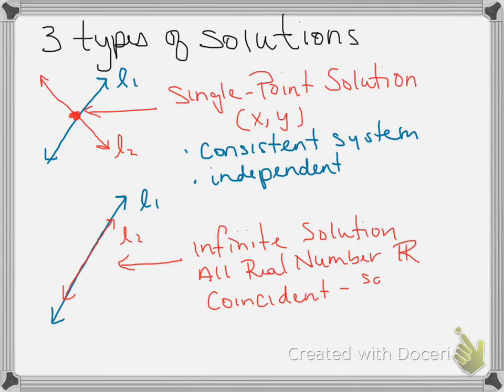So coincident means they have the same slope, same intercept, so they're the same line. They're also called a dependent system.